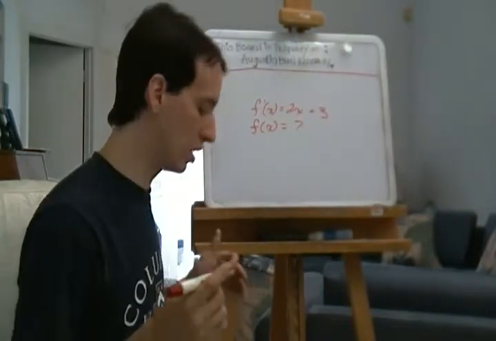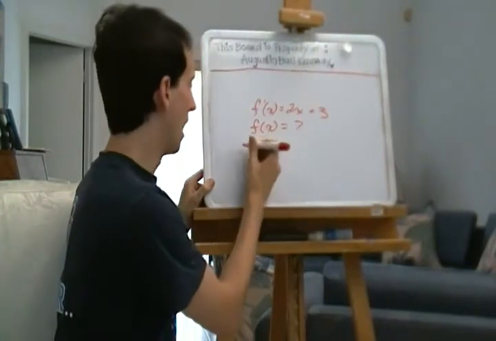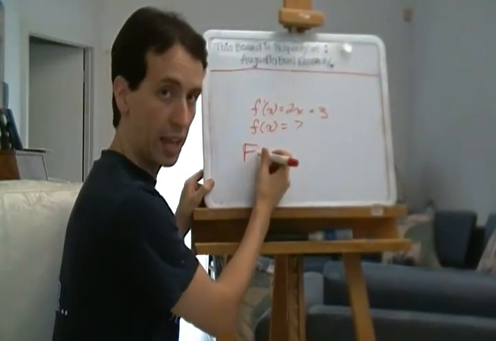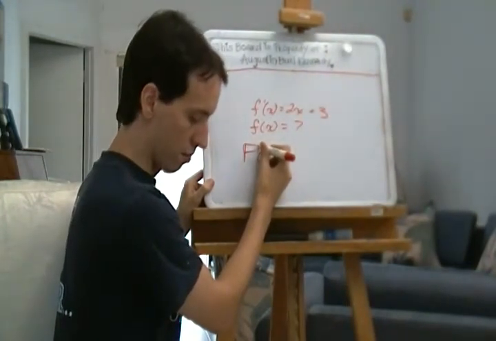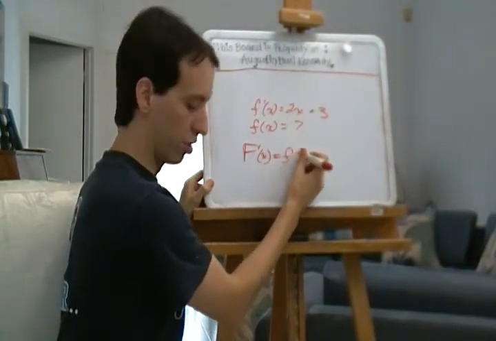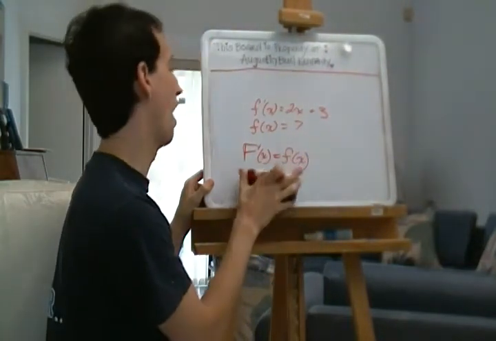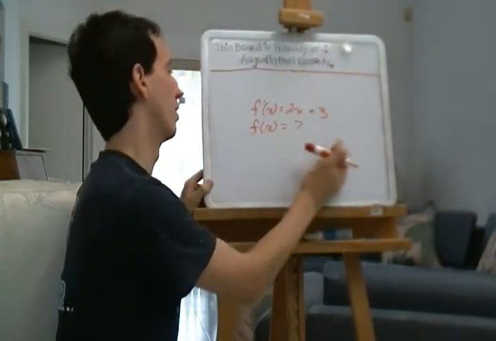Well, what we do then is we take an antiderivative. The way we write that is big F, and big F prime of x is equal to little f of x. The big F is called the antiderivative.